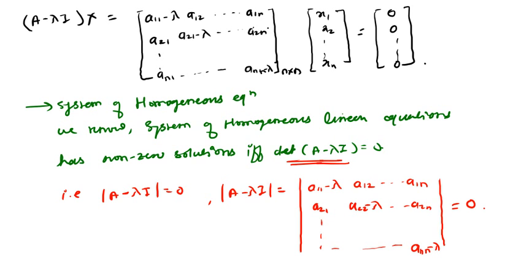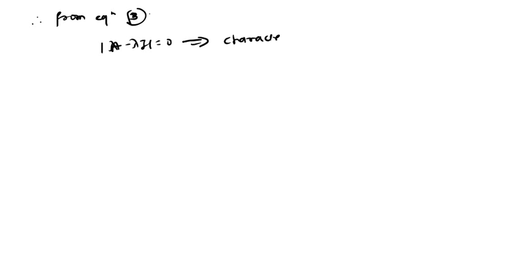I'll call this equation 3. From equation 3, the determinant of A minus lambda I is equal to 0. This is called the characteristic equation of matrix A.